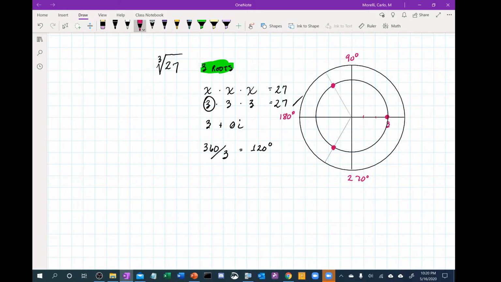So one of the roots is going to be rotated 120 degrees, and the other root is going to be rotated 240 degrees, like this. But I think those roots are going to be on the same ring as the first root, that 3.